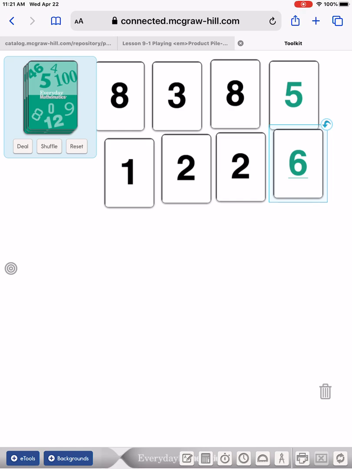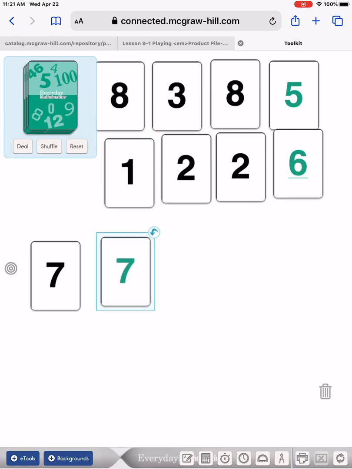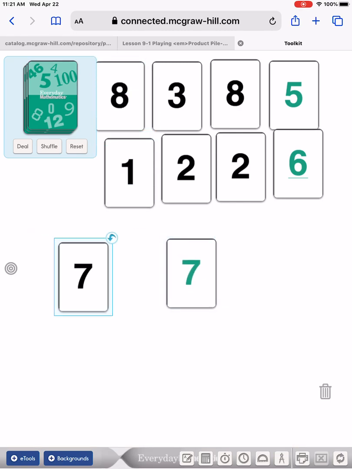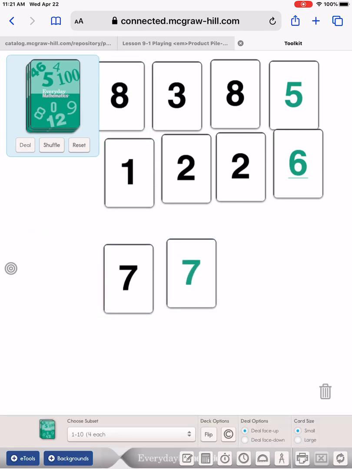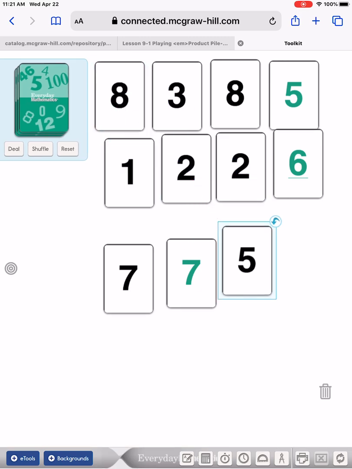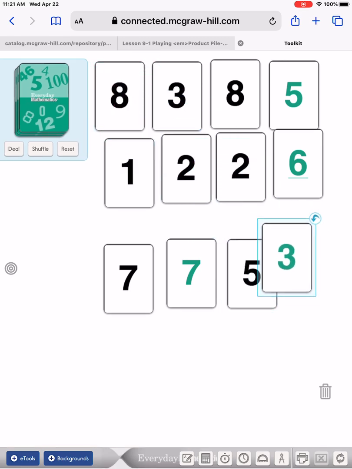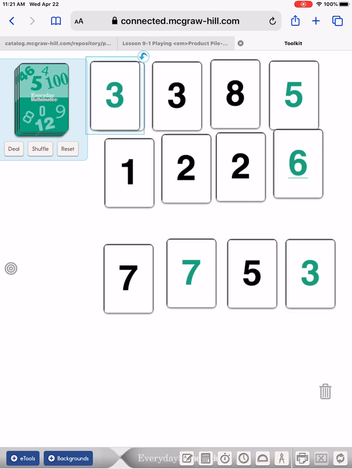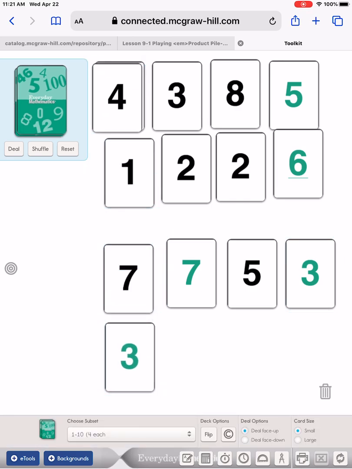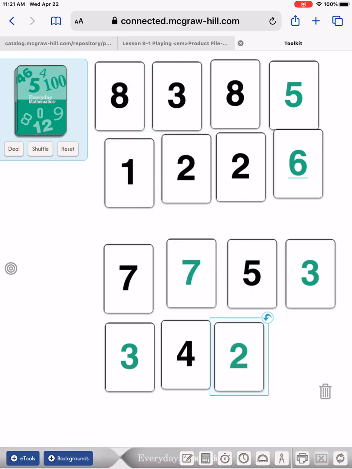Now let's deal 8 to player 2: 1, 2, 3, 4, 5, 6, 7, and 8.